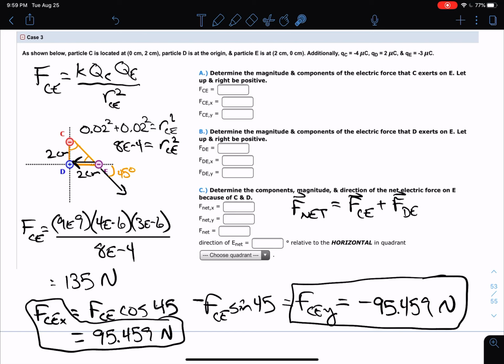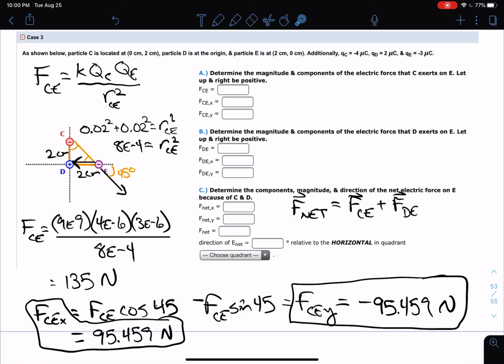And then I'm going to add FCEY to FDEY. And doing those two summations is going to give me FNetX and FNetY. Once you know the components, you should be able to get the magnitude and direction for your vector. This is just straight vector math here that we're doing. And this is case 3.